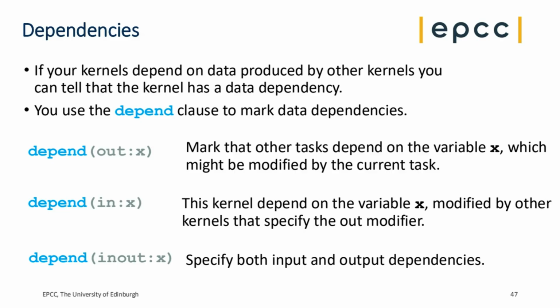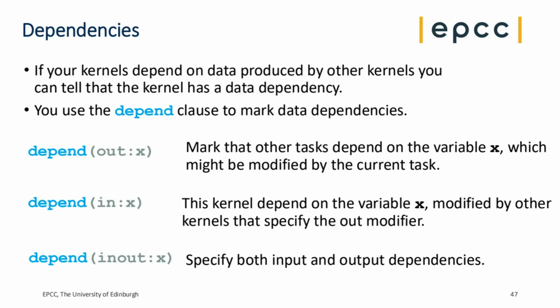So if you are mapping an array, say array X, and you say there's an outward dependency, meaning that there's going to be another piece of work that's going to be scheduled or offloaded to the GPU that will need this data X to be in place on the GPU before it can run. For every out dependency, there's a corresponding in dependency on, say, the kernel launch that requires X. So that will say I have an in dependency.